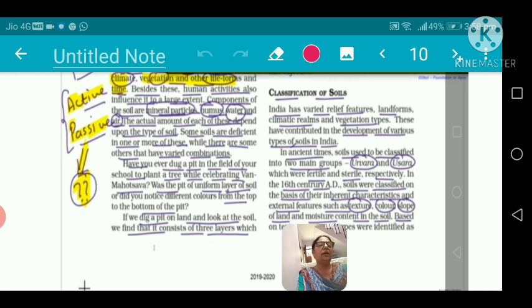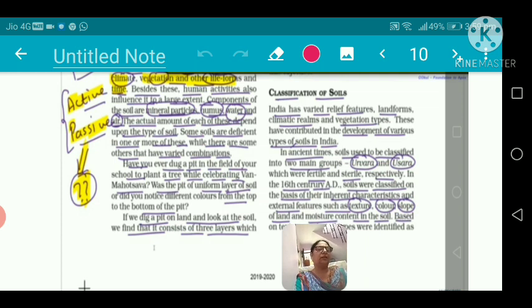And in this way, if you ever dug a pit in the field of your school, planting some plants, or maybe in your village area, near the house area, you may have noticed that there is not a uniform type of soil coming out of the pit.